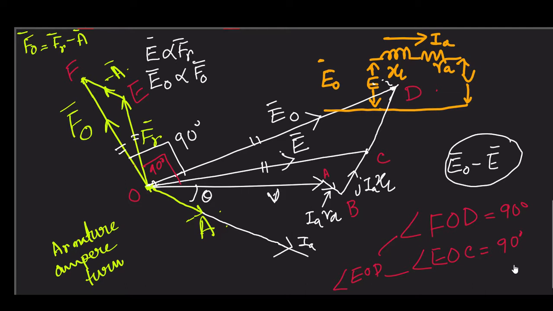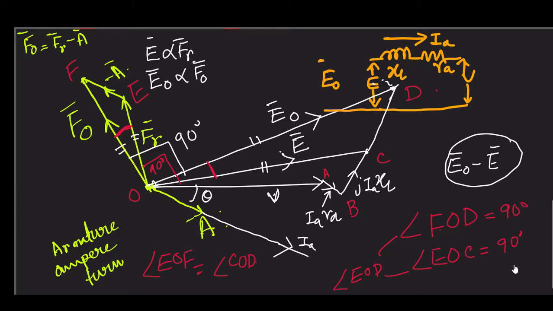So if we subtract this EOD from FOD and EOC, what will we get? We will get this angle, that is angle EOF is equal to angle COD. So these two angles are equal.